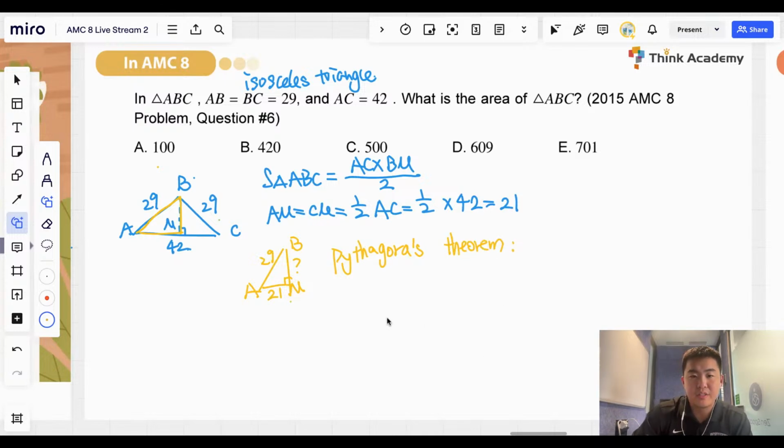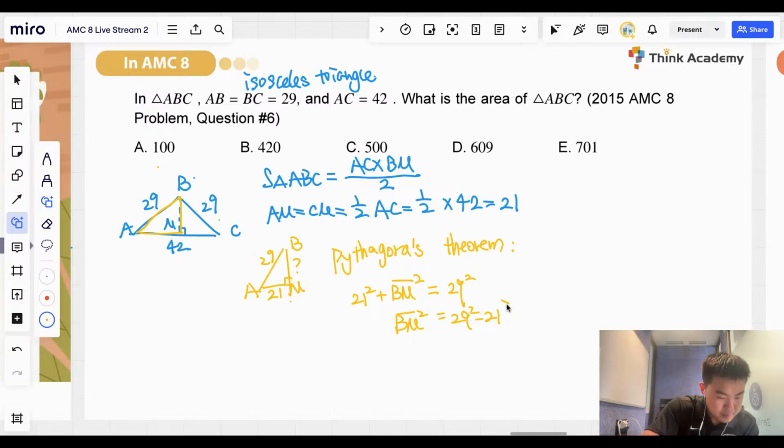Based on the theorem, we should have 21 squared plus BM squared, the square of its length, equals 29 squared. So let's solve for this equation. BM squared will just be 29 squared minus 21 squared. And we can take a square root on both the left-hand side and the right-hand side of the equation.